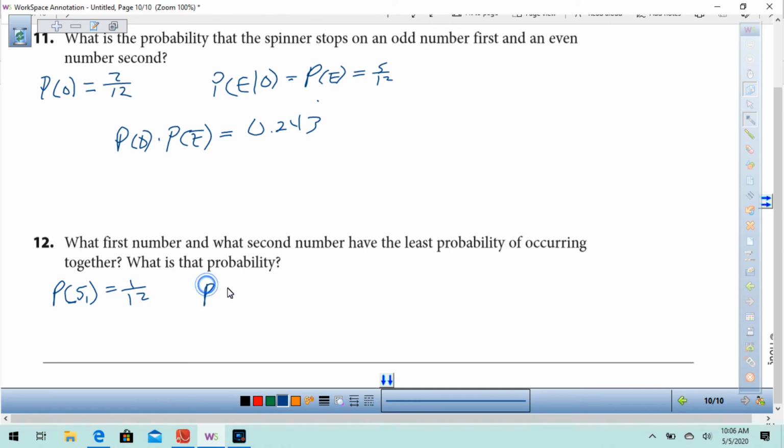And then the probability of a 5, given a 5, would be, again, 1/12, since the two spins are independent. And so we're going to have the probability of 5 times the probability of 5, 1/12 times 1/12.